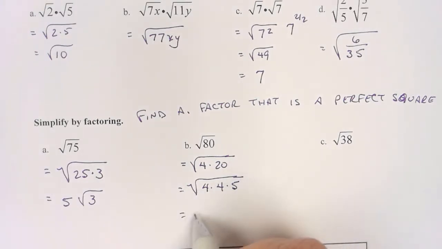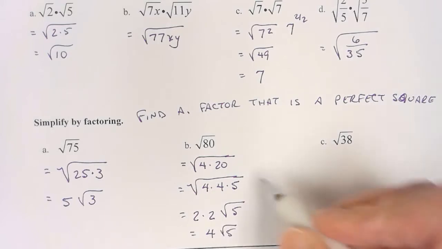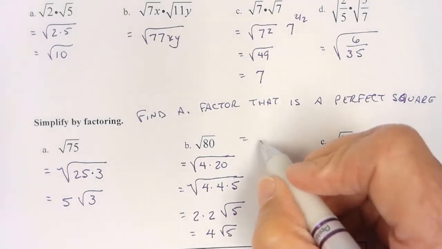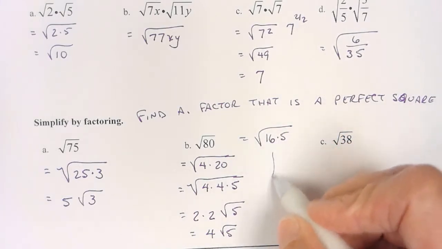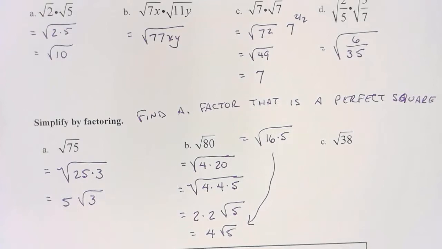So I'd have the square root of 4, which is 2, the square root of 4, which is 2, and then the square root of 5 has got to stay on, so that would simplify to that. Now if you looked at that and you knew that that was the square root of 16 times 5, then you could have gotten down there faster. But there's not that many people that notice that.